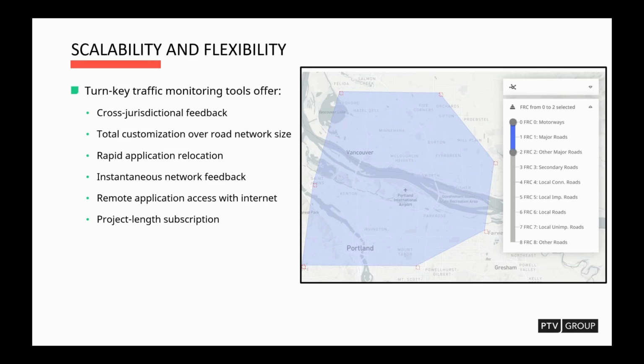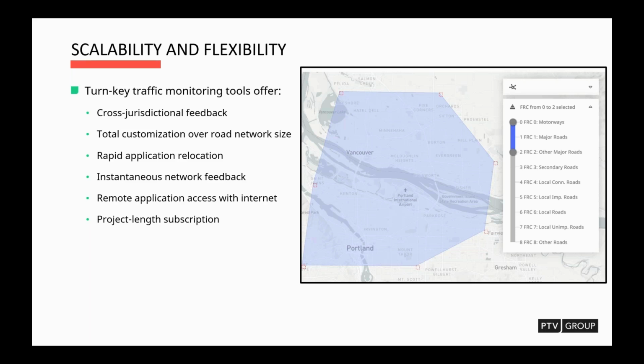But of course, if you want to go a little bit more granular and microscopic, then you can, of course, select roads all the way down to local unimportant roads, neighborhood roads, connecting roads. So it's this customizability that really stands out.